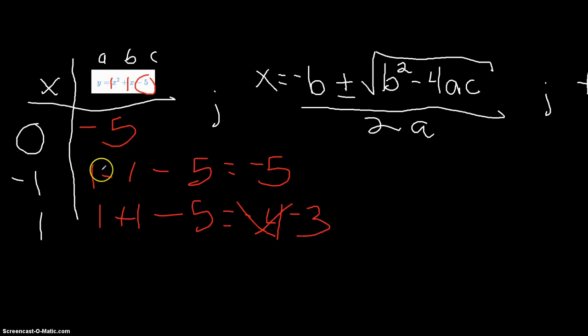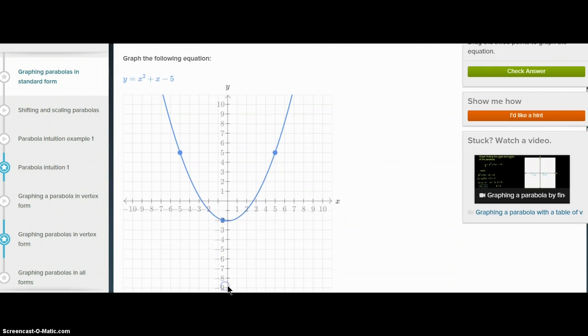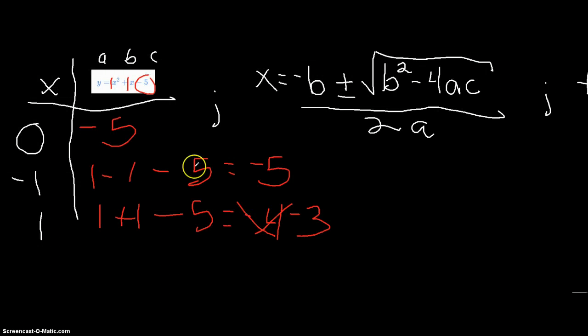Alright, so let's put those on the graph over here. So both 0 and negative 1 will equal negative 5. So 0, negative 5, and then negative 1 is also negative 5.